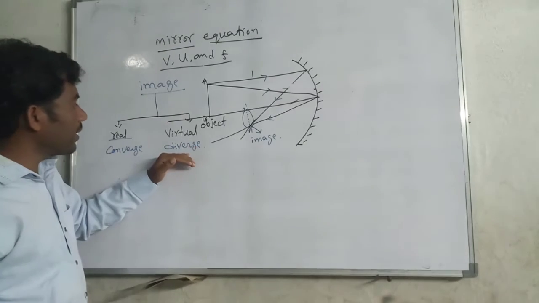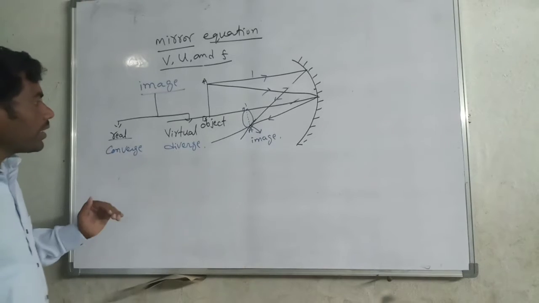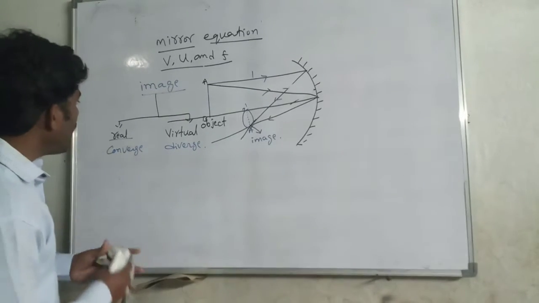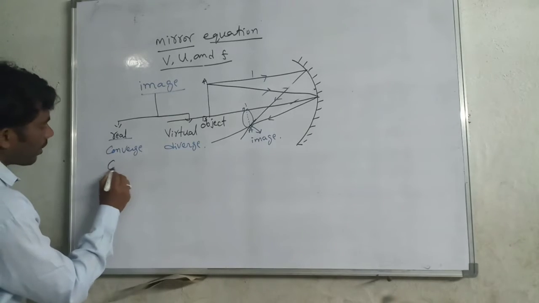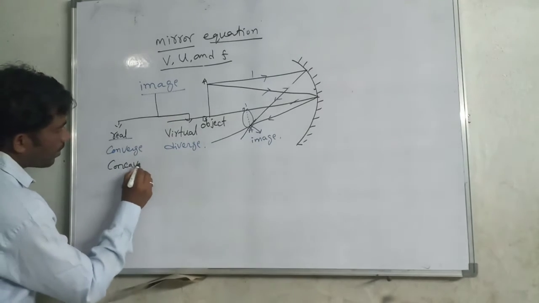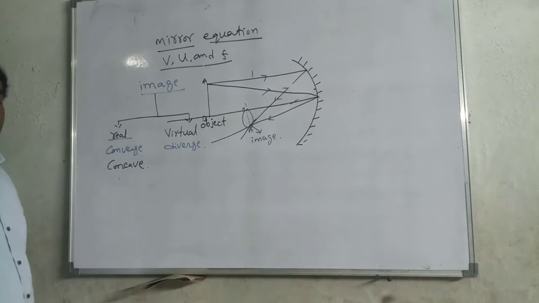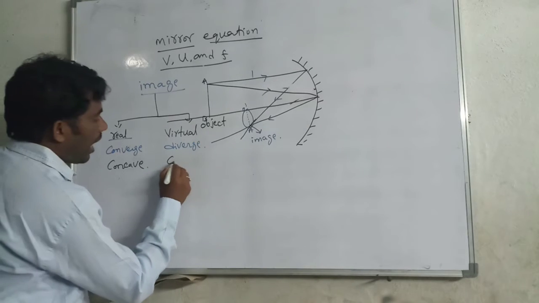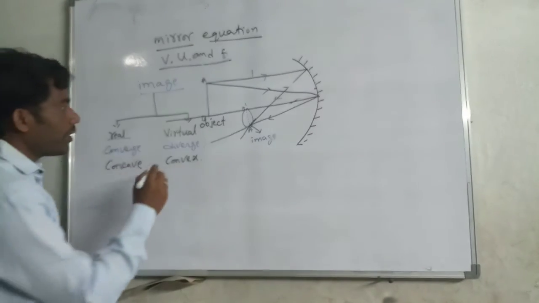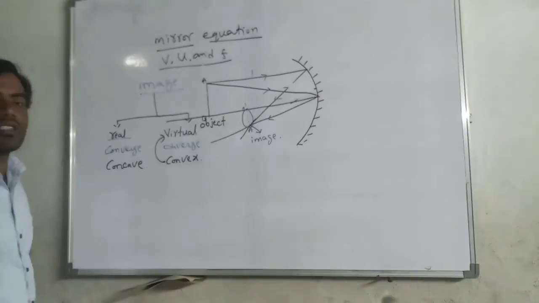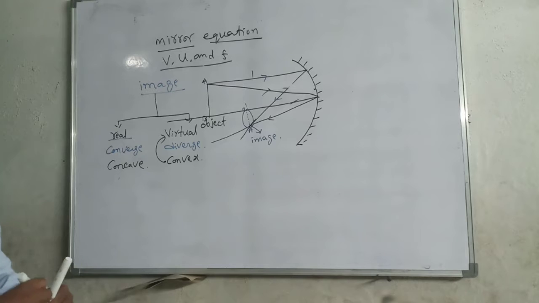In a concave mirror, we see a real image. In a convex mirror, we see a virtual image.